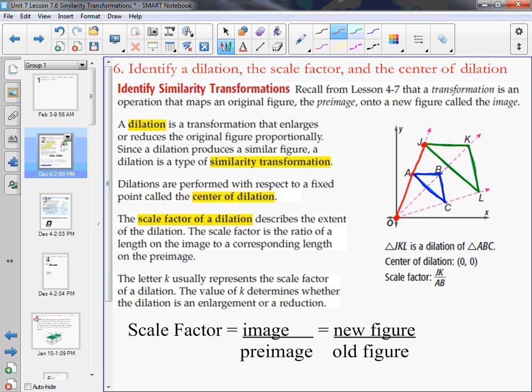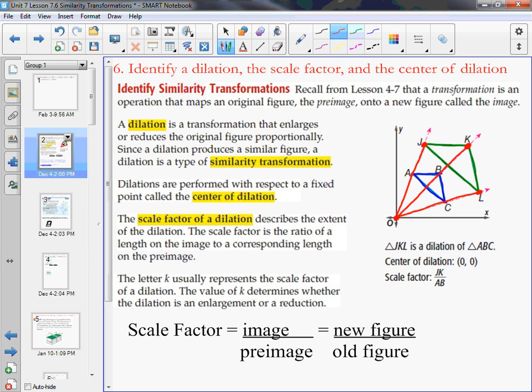Whatever the distance from the center to B is, go twice that distance and put K. Whatever the distance from the center to C is, go twice that distance and put L, and that guarantees a scale factor of 2. If we had gone 3 times the distance, the scale factor would be 3.